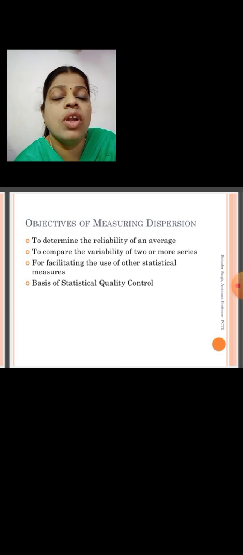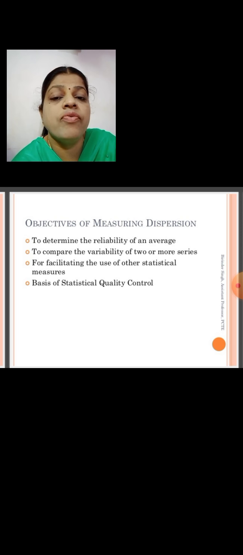So first of all, we have to determine the reliability of an average. Then if two or more series are given, we have to compare and measure the variability of those series.